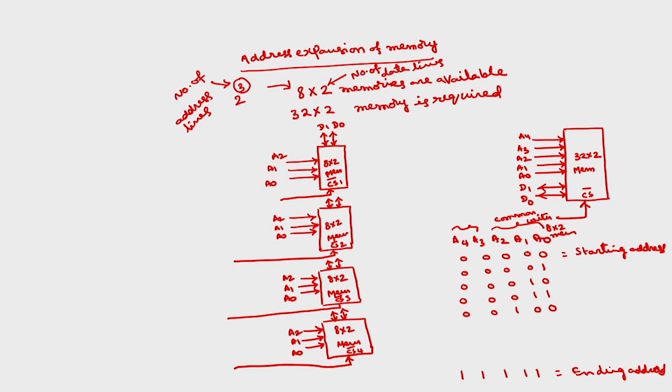If I draw all 32 combinations, you can observe that in the first 8 combinations, A4, A3 is equal to 00. So, in 32 we have 4 eights. In the next 8 combinations, A4, A3 is 01. We can draw these 32 combinations and you can check this.